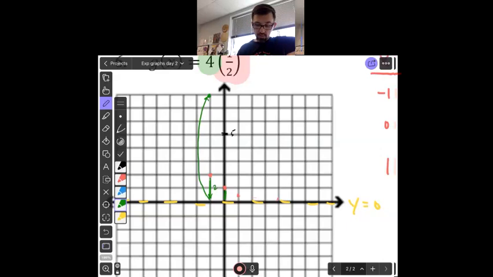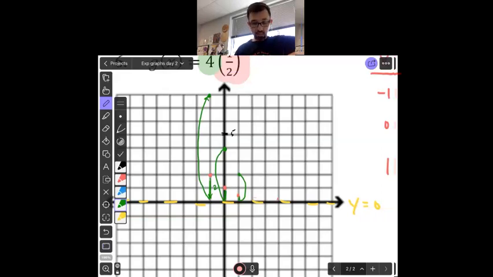So I'm going to go 4 times that away from the x-axis. So there's my stretch on that point at 4. This has a distance of a half. 4 times a half is 2. So there are those points stretched away from the x-axis.